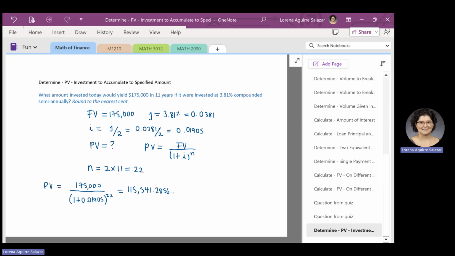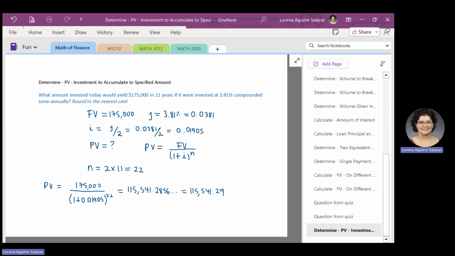And because we need to round the answer off to 2 decimal places, we use 115,541.29 dollars as the approximate value.